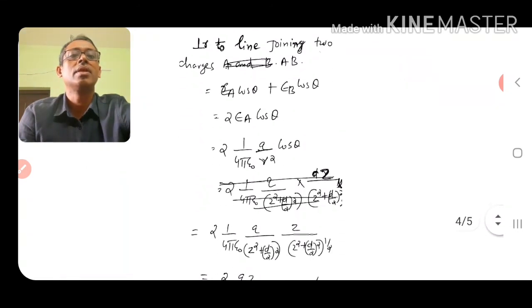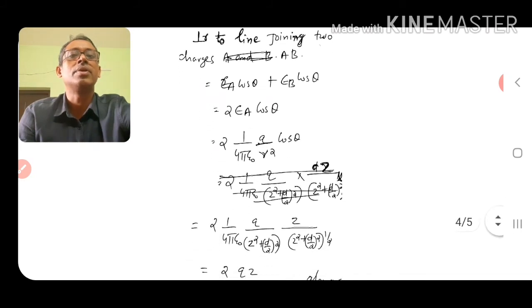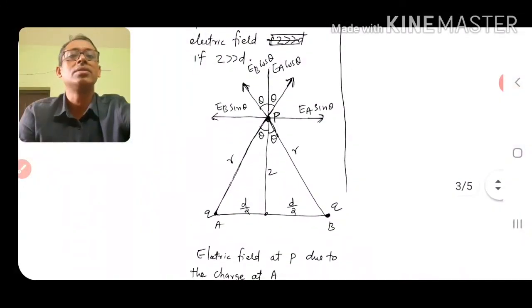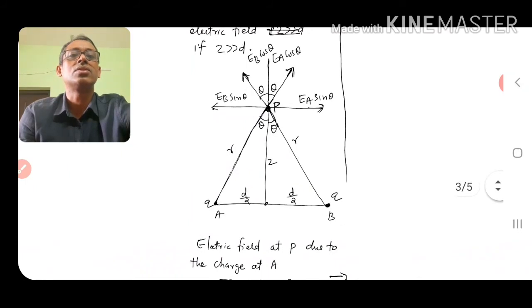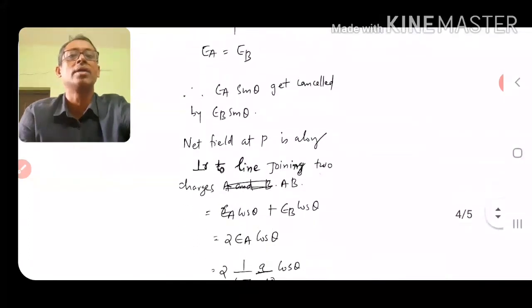And r is the root of z square plus d by 2 square.